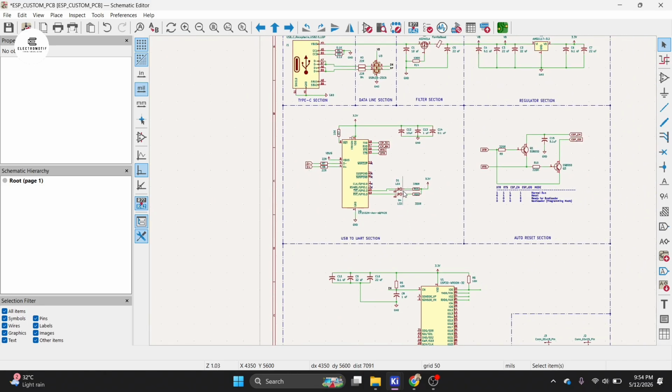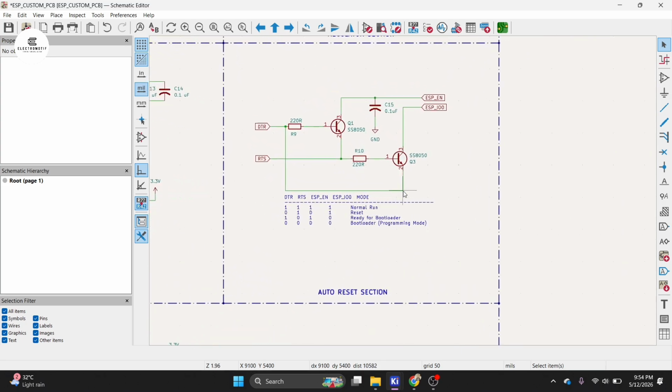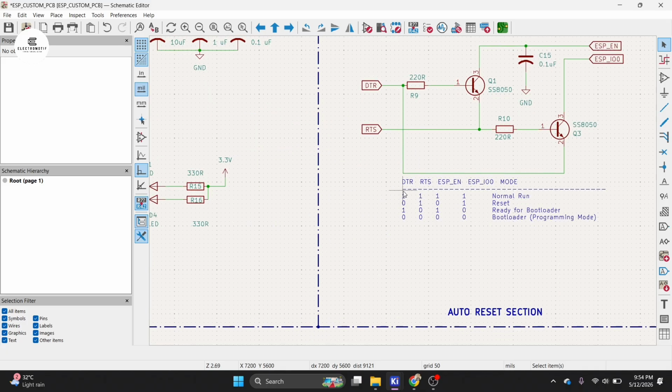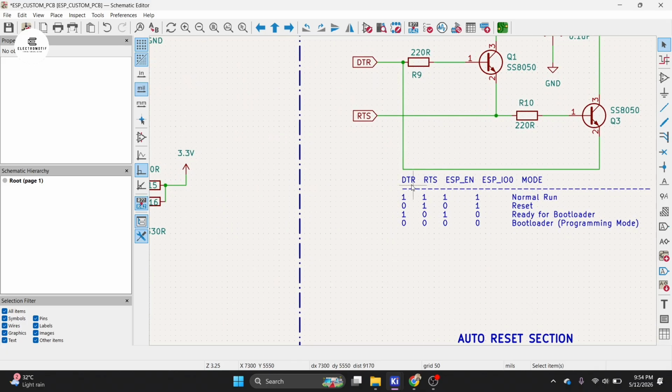Now we are going to the auto restart section. This is what allows the ESP32 to automatically enter the programming mode. So I just wrote the truth table.